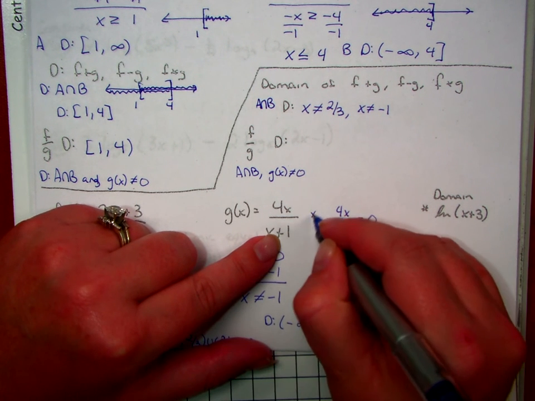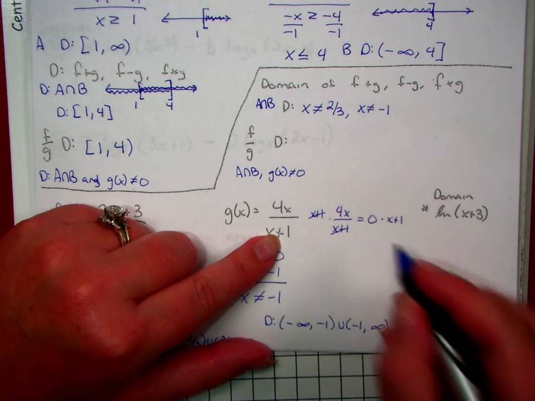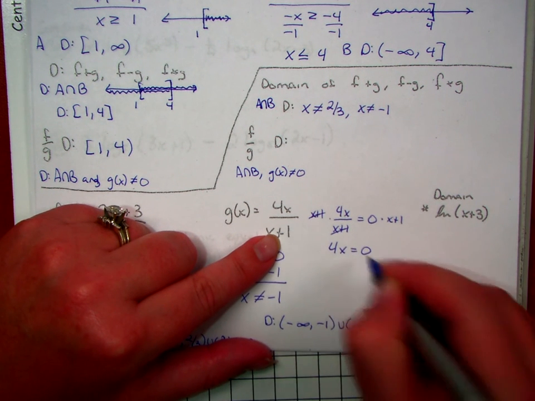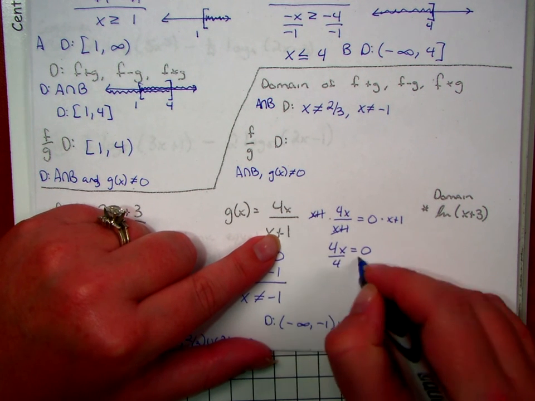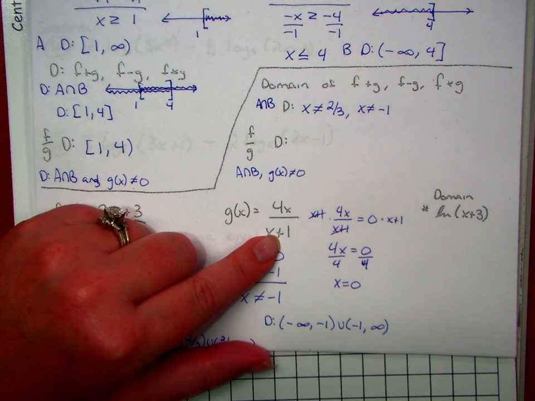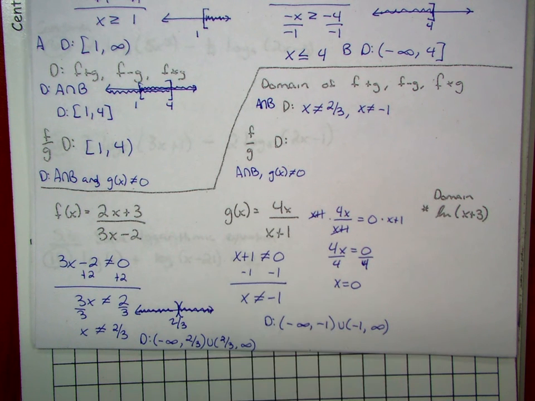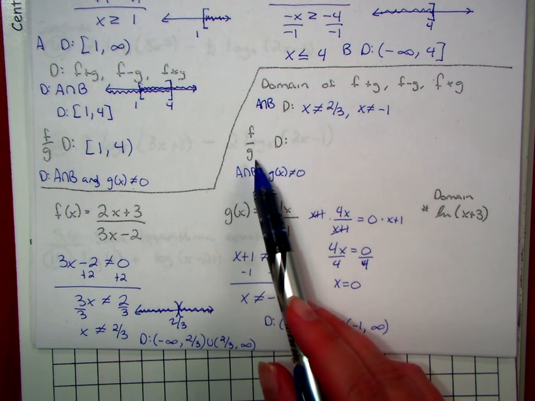So I'm going to multiply both sides by x plus 1. The x plus 1's cancel, and I get 4x equals 0. If I divide both sides by 4, I get x equals 0. So if I plug 0 into g, I get 0 over 1, which is 0. I can't let that happen. We can't let g be 0.